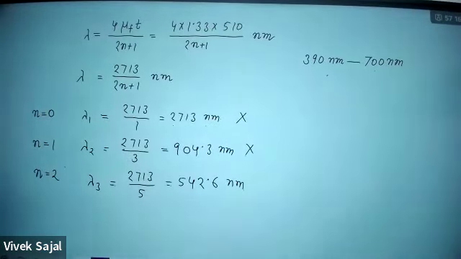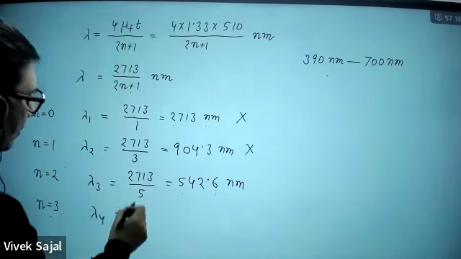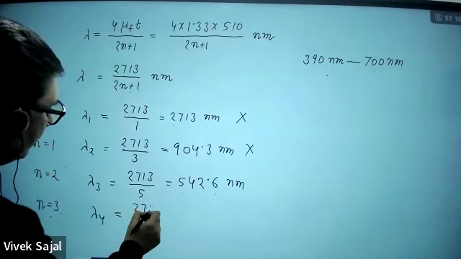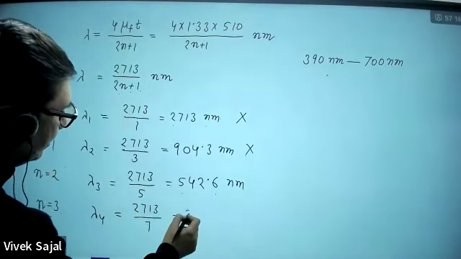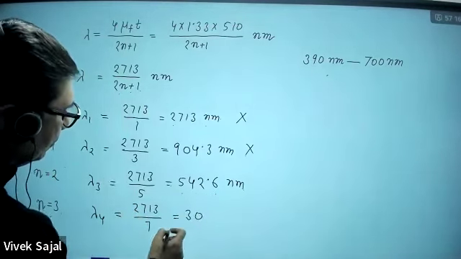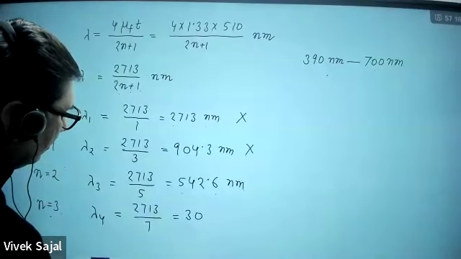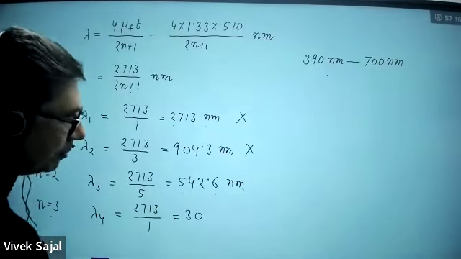Is it clear? Now this is my range. Next, if you write n equal to 3, then lambda 4 you are going to get 2 times 3 plus 1, which is 7. 2713 divided by 7. This will be 387, not 300.